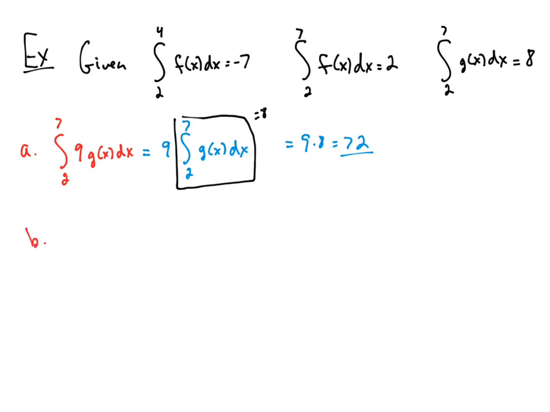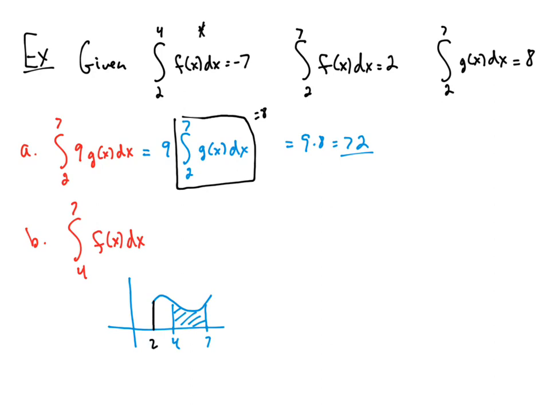The next one, we have the integral from 4 to 7 of f of x dx. I think how we want to look at this is, suppose we have some function and we have 4 to 7. But what we're given is 2 to 4 up here, and then we have 2 to 7.